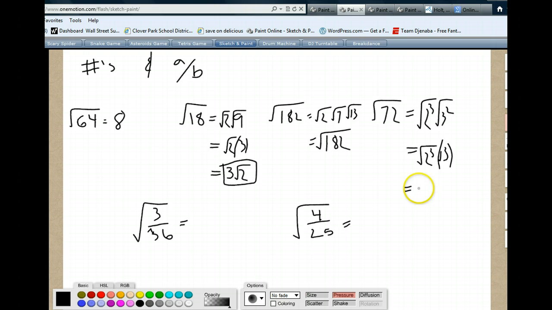So 2 squared, and make sure you're putting your radical symbols up, multiplied by 2 square root 1, and then these are all being multiplied by 3.